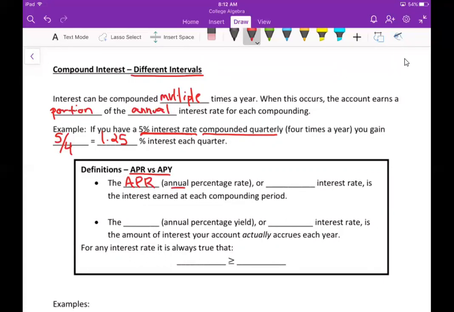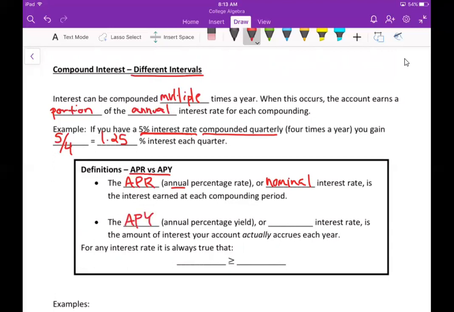It's the annual percentage rate. You'll also see it called the nominal interest rate. But we know that changes when we break up into compounding. It's actually going to charge us more than 5% if it's a loan, or we're going to make more than 5% if it's an investment. And that brings in the APY.